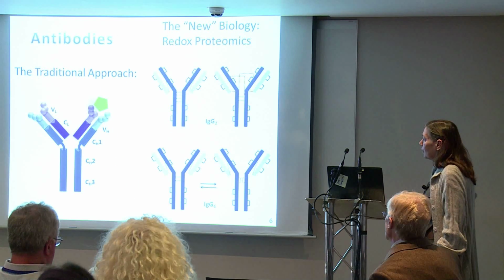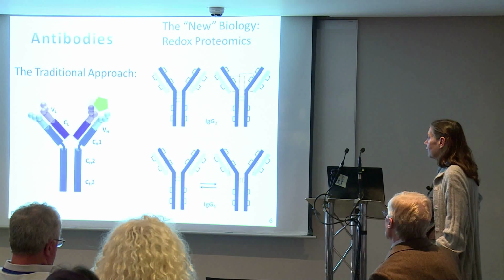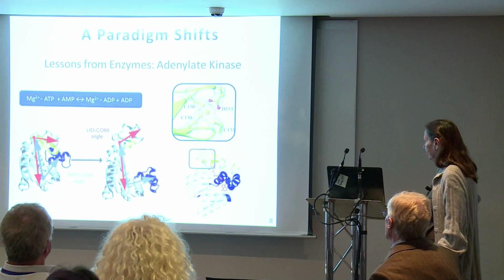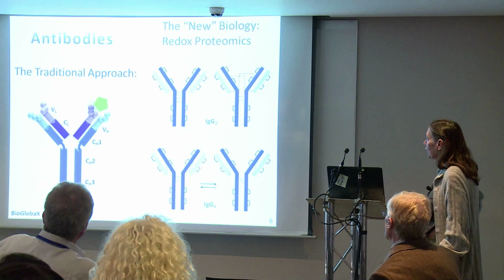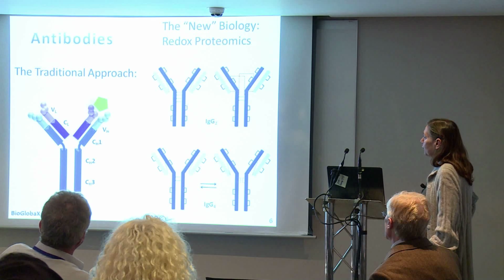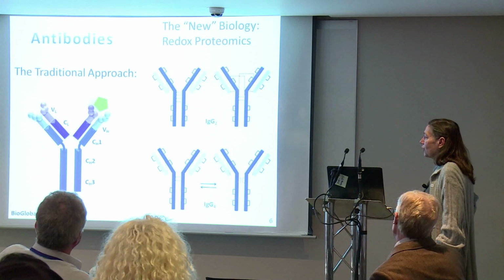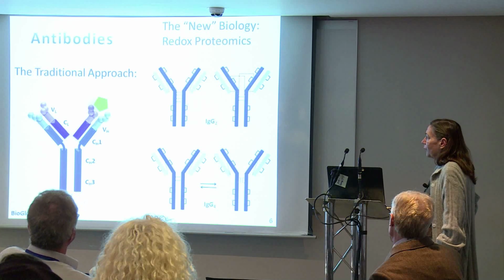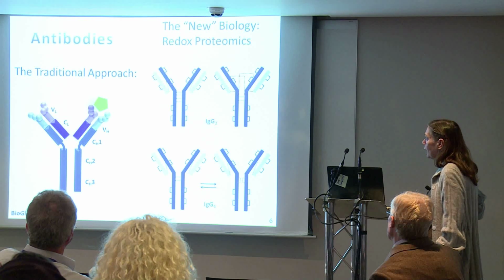In the past, we studied antibodies assuming variable and conserved regions, and this slide is an illustration about cysteines. Usually we ignore cysteines for research, assuming that they have irreversible disulfide bonds.